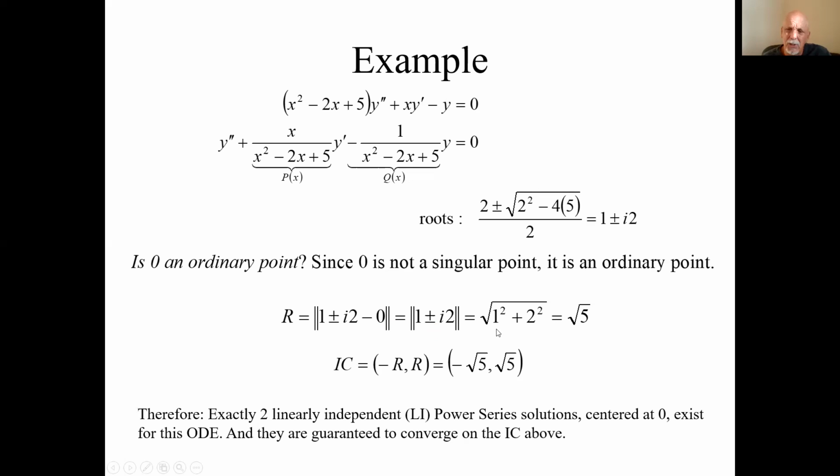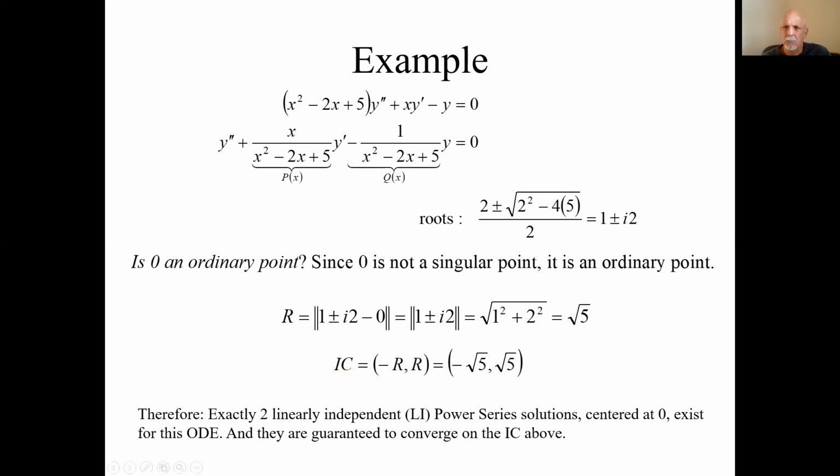I do that by using the Pythagorean theorem. It's the real part squared plus the imaginary part squared. Don't square the i. So it's a very simple formula. And then the interval of convergence is this.